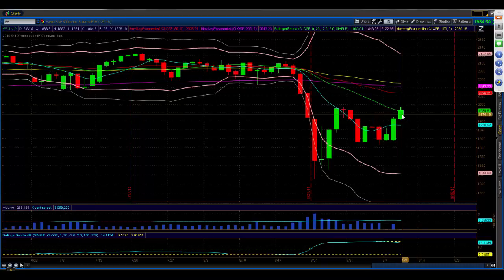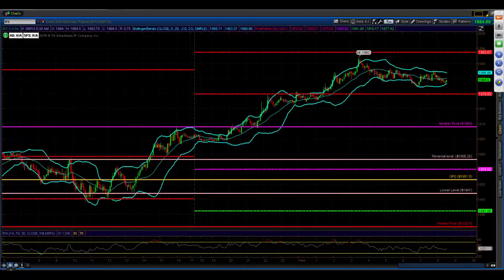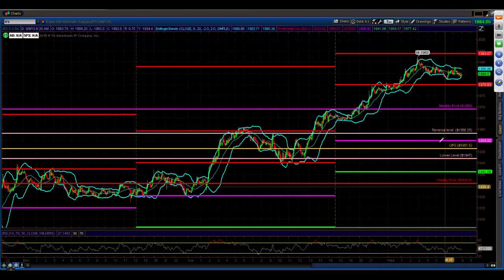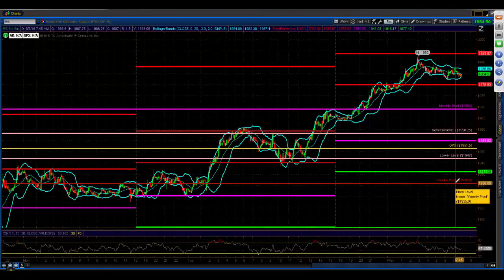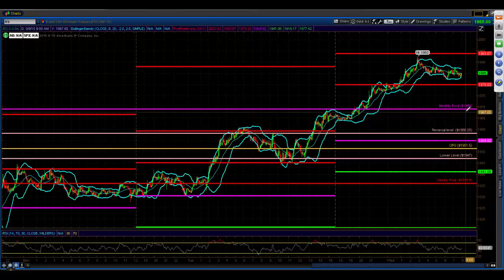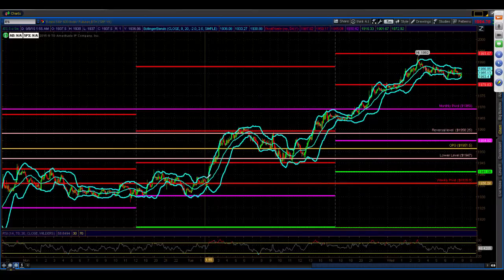But what we've seen here on this 5-minute chart over the course of the last couple of days, you've got your weekly pivot here at 1935.90. You have your monthly pivot here at 1969. The jumping off point for the Europe Open early Tuesday morning was the weekly pivot.